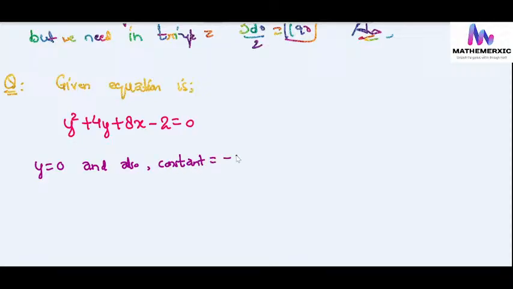The constant term, equal to minus 2, should not be there. So this is the original thinking right now; anyone can have it, and I also have that thinking. We have y square plus 4y plus 8x minus 2 is equal to 0. The y term should not be there, so it means y should be 0.